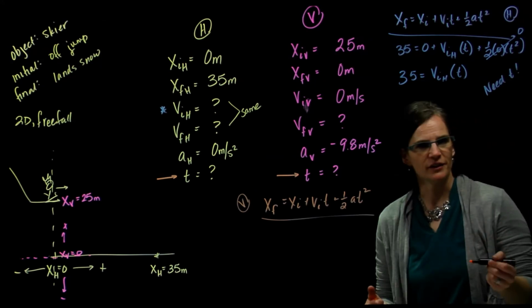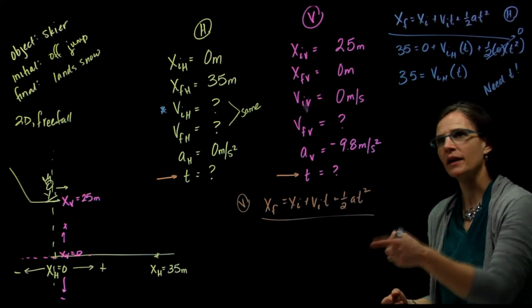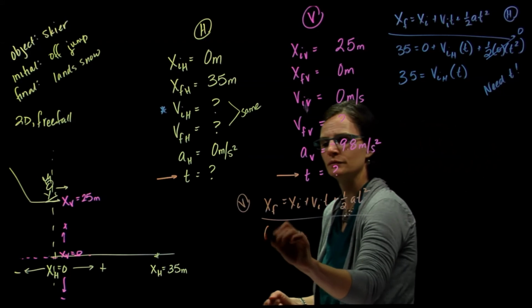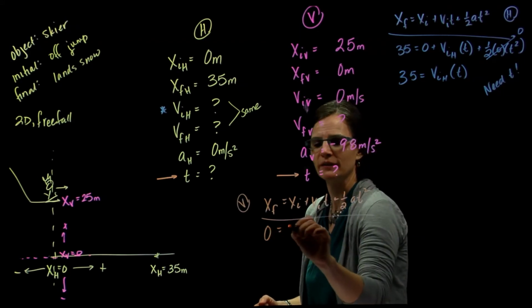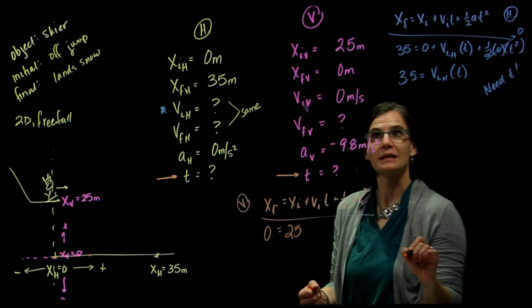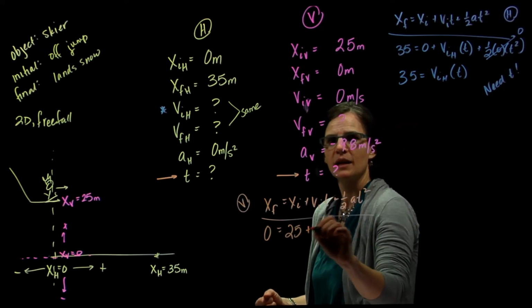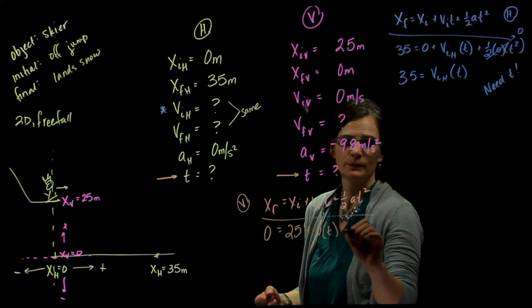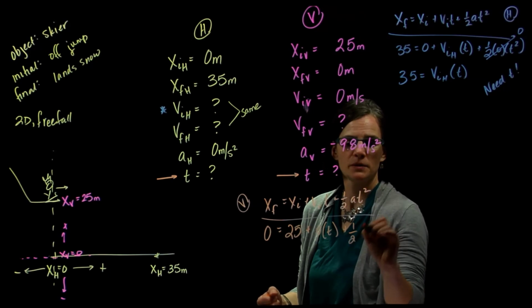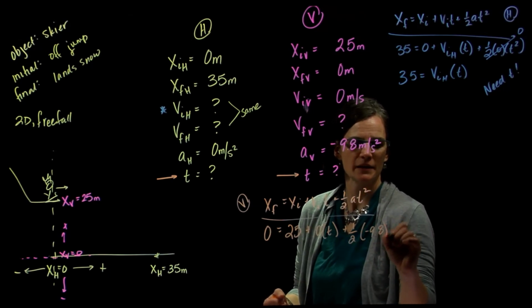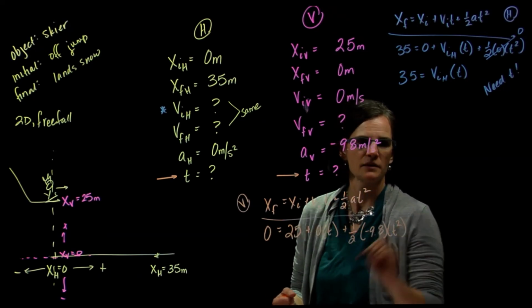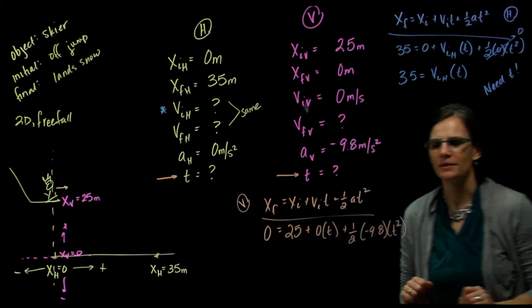Do I have enough variables in it? All right, so x final is 0. x initial is 25. These are our initial positions in the vertical dimension. Plus an initial velocity of 0 times time plus 1/2 negative 9.8 times my time squared. And I'm going after that time value.